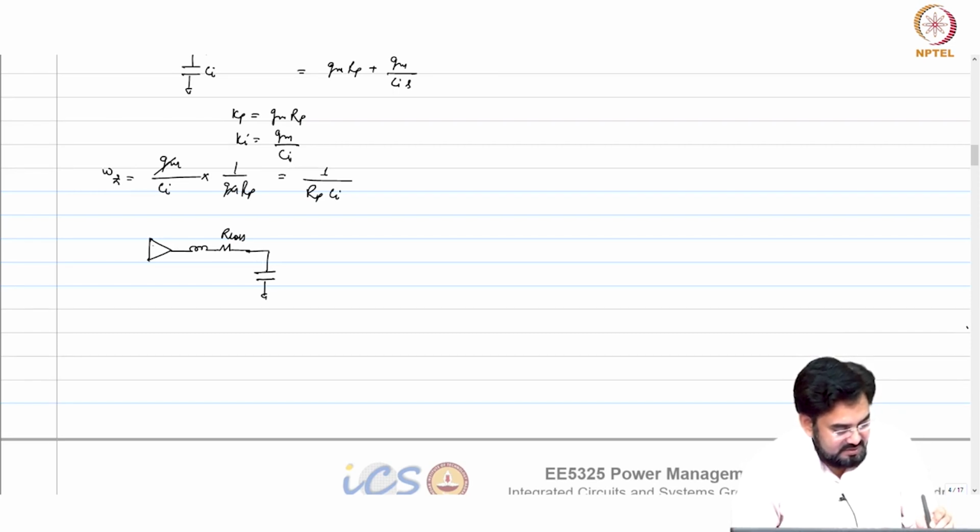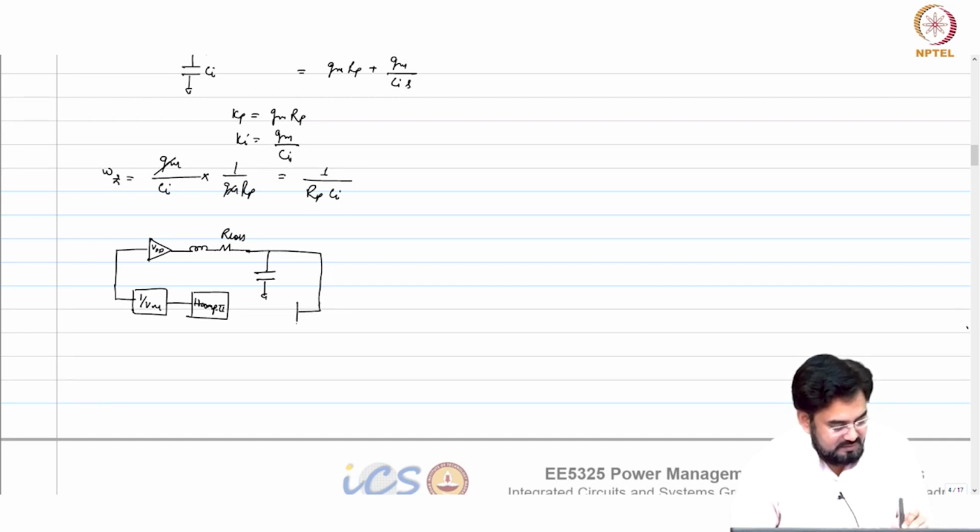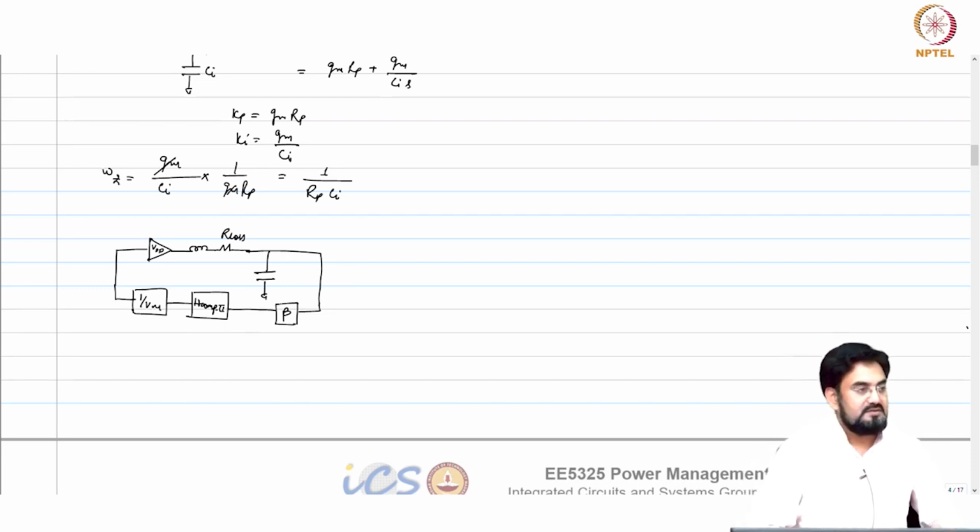So this is VDD, then 1 over Vm, this is nothing but Hcomp 2, and then you have the beta factor, correct?